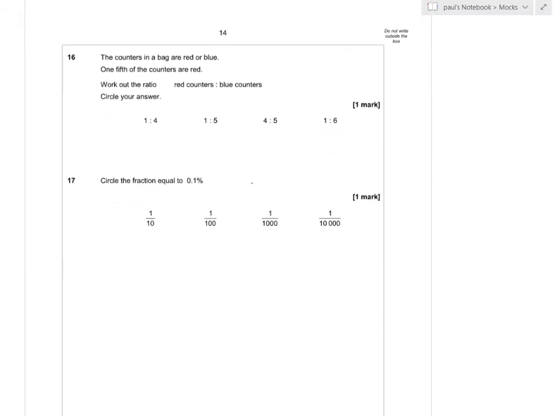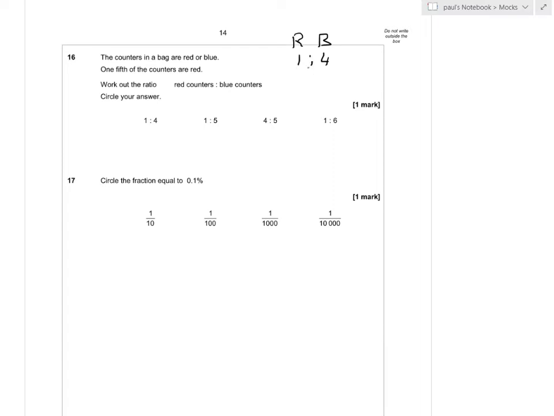There are some counters in a bag, red or blue. 1/5 of the counters are red. Work out the ratio of red to blue. So red to blue, you've got 1/5 are red. So 1/5 of all the counters are red. I would think it's 1 to 4.